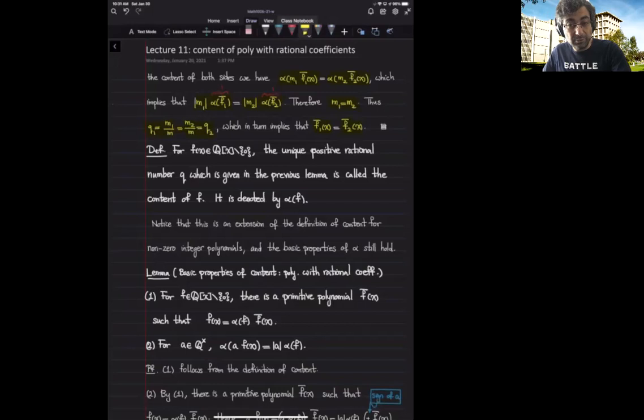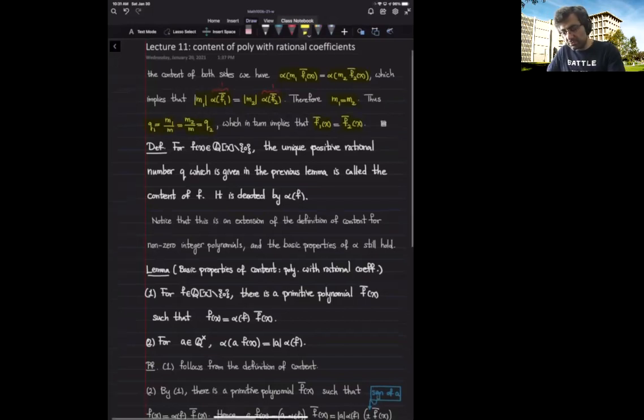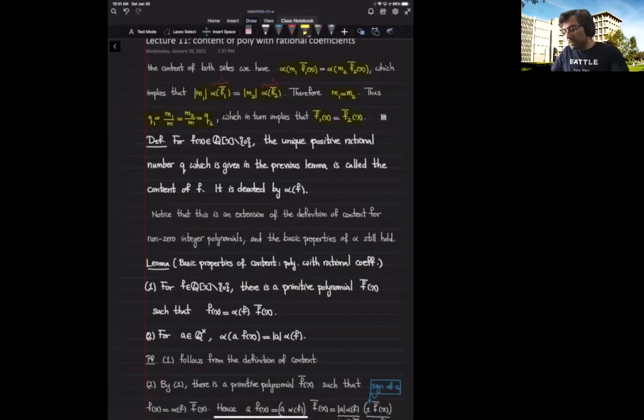That shows the uniqueness. So this means for every non-zero polynomial with rational coefficients, I can find a unique positive rational number Q and a primitive polynomial F bar such that F is Q times F bar. And we also pointed out that this Q is the same as the content when F is an integer polynomial.